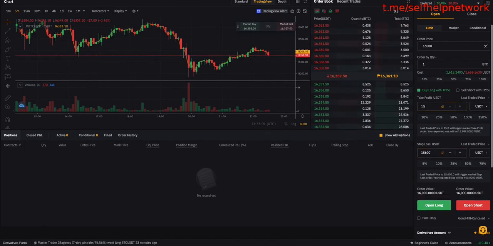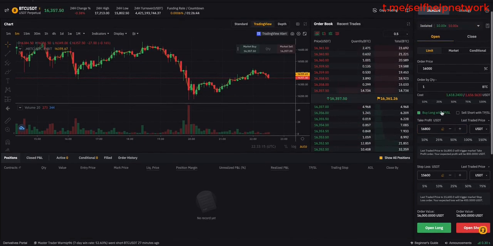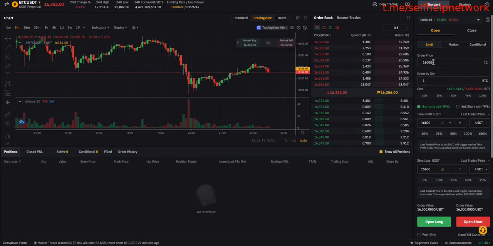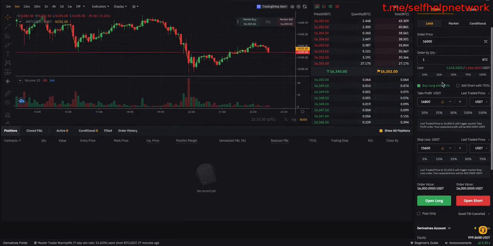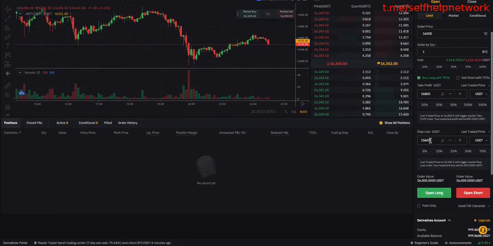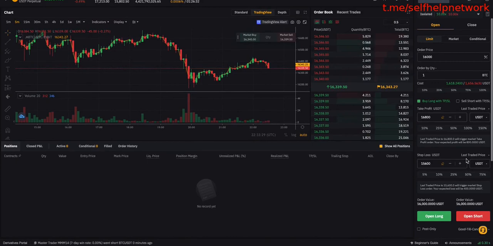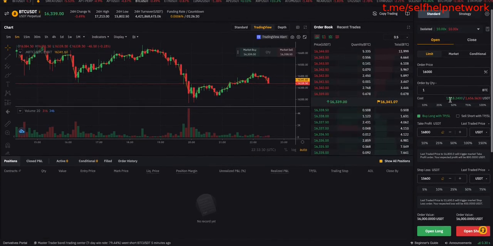Let's say that your take profit would be 16.8. On Bybit, it shows you nice and clearly that if you entered at 16,000, you bought 1 Bitcoin, and your stop loss was at 15,600, your expected loss would be 400 USDT. Okay? You can see the cost up here.